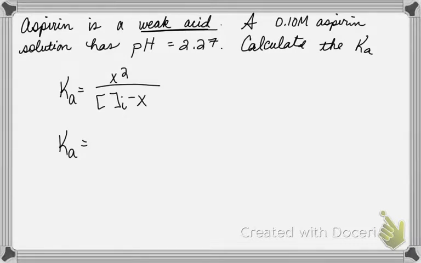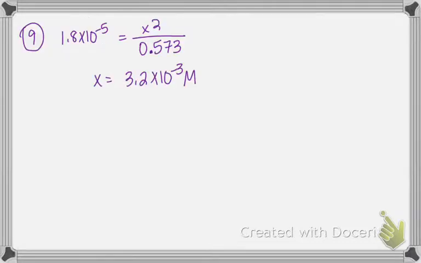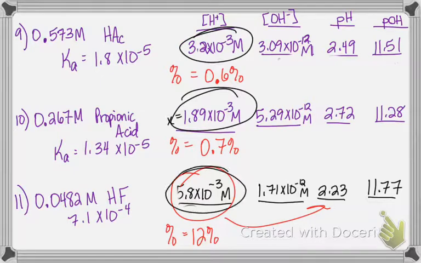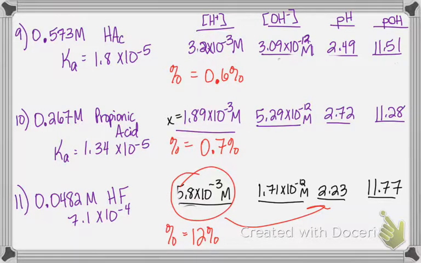What is x? We don't have a number for x right now, but if you look back, every time we calculate, the x is the hydrogen ion concentration every time. I'm going to jump back to a previous slide. Here's where I worked the first one from the worksheet. But y'all, x is the hydrogen ion concentration every time.